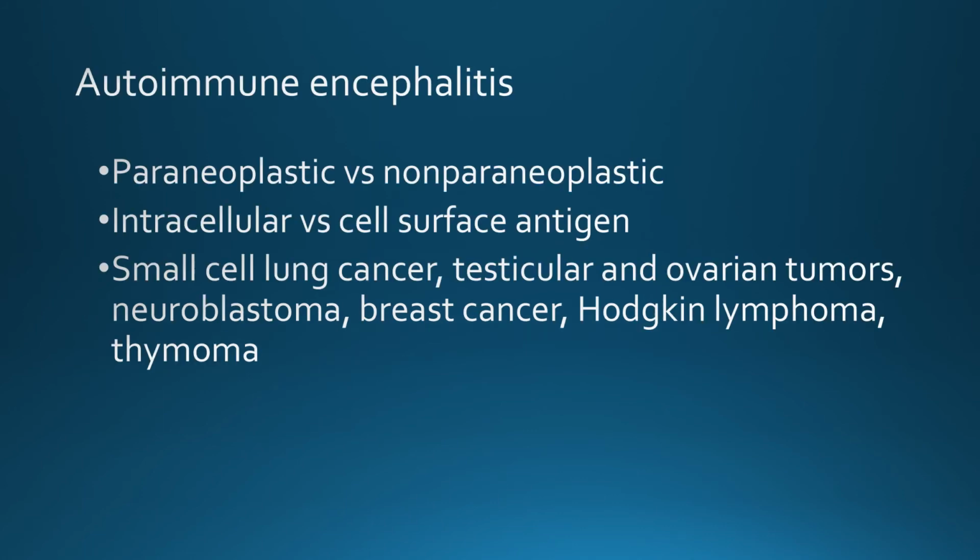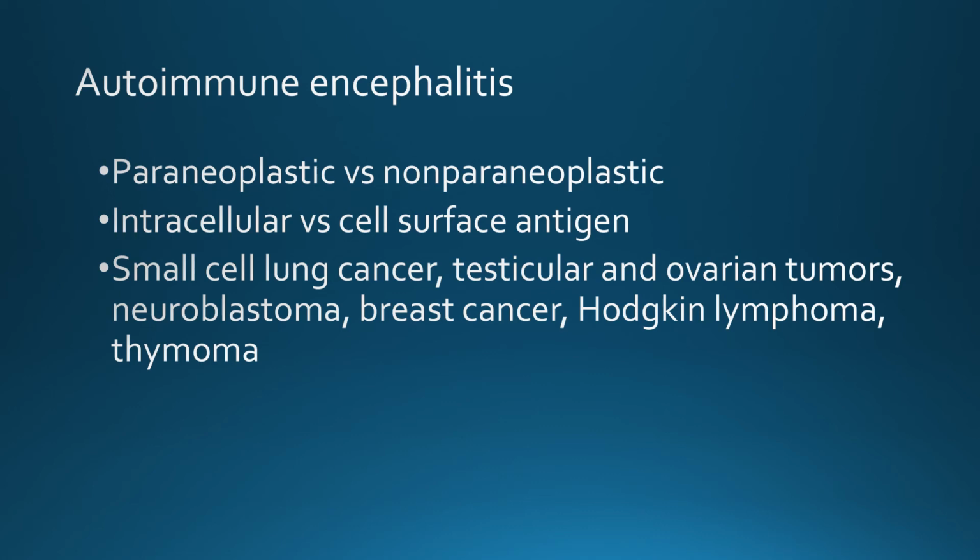So this is a case of autoimmune encephalitis, and there are a lot of different types of autoimmune encephalitis. They can be paraneoplastic or non-paraneoplastic. Initially we used to think these were generally paraneoplastic, but some are and some aren't. They can be due to antibodies to intracellular antigens or cell surface antigens.